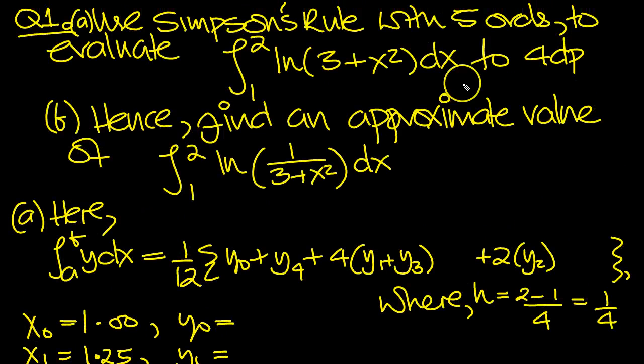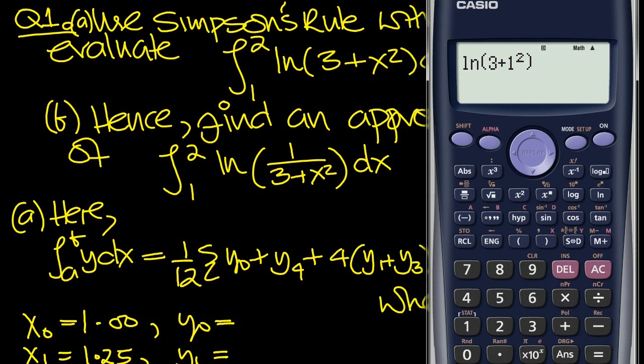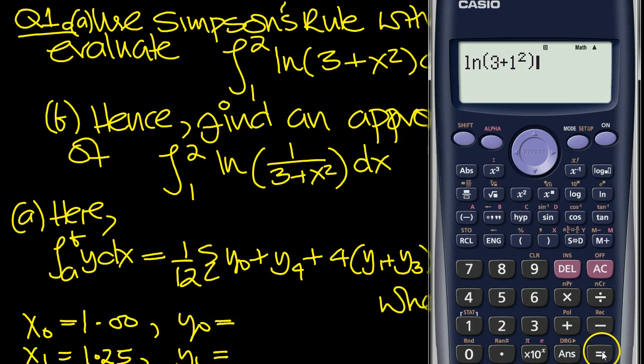Here we're working out the log of 3 plus x squared with 5 ordinates to 4 dp, so if we work to 6 dp we should be okay. ln of (3 plus x squared), with x being 1 in the first instance, equals 1.386294.